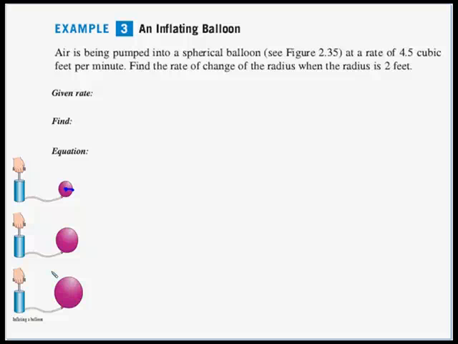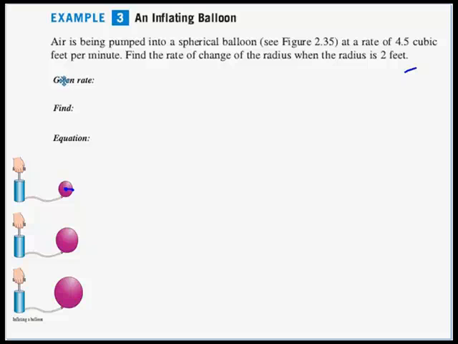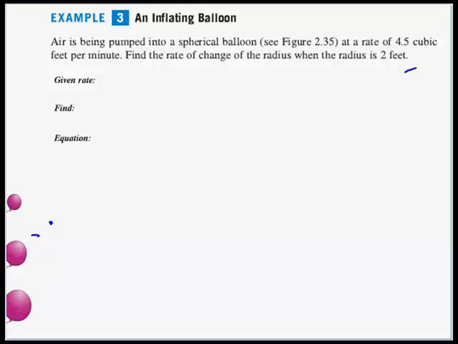So as it gets bigger and bigger, the growth of the radius will slow down. And we want to find that instantaneous rate of change exactly when the radius is 2 feet. So let's see here. We've got some stuff to figure out. What is our given rate?